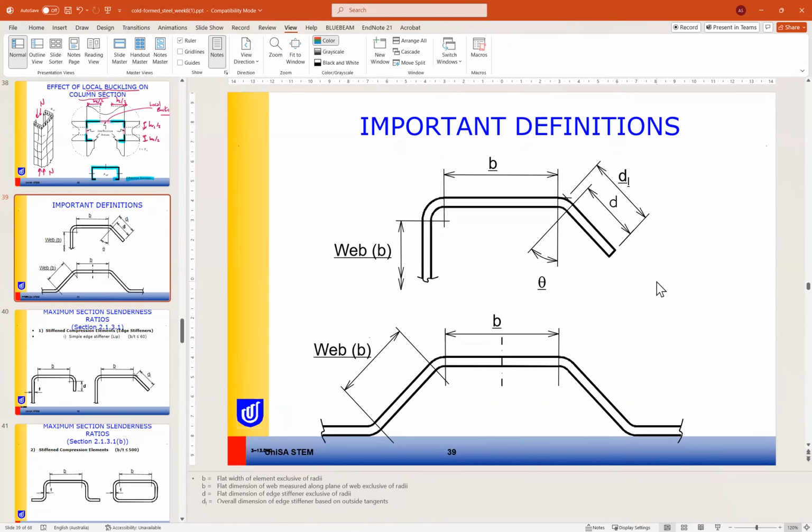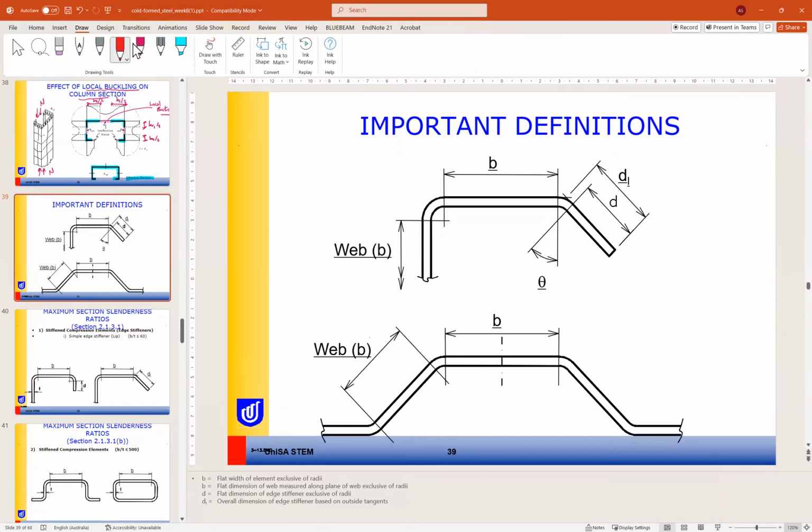Okay, some important definitions are: B is the flat width. Flat width means we are ignoring the radius of the bend here. So this is B, the effective flat width.